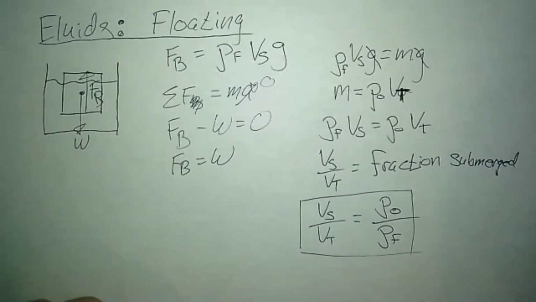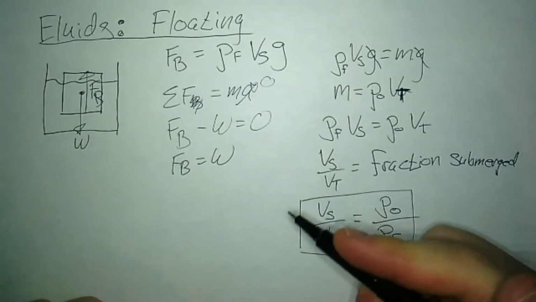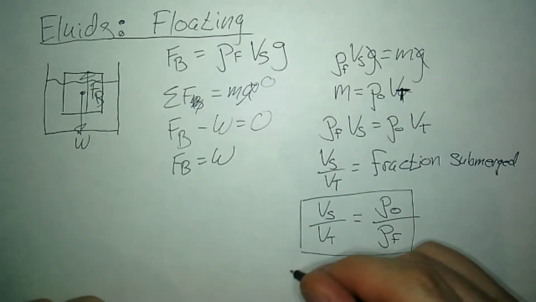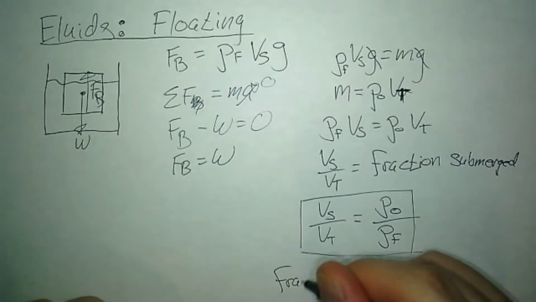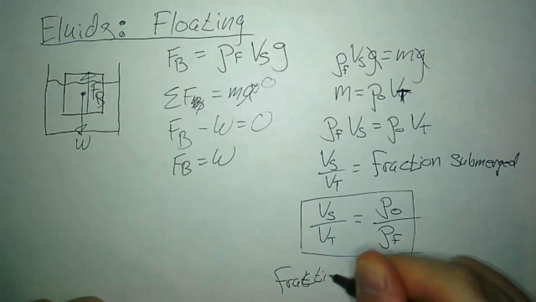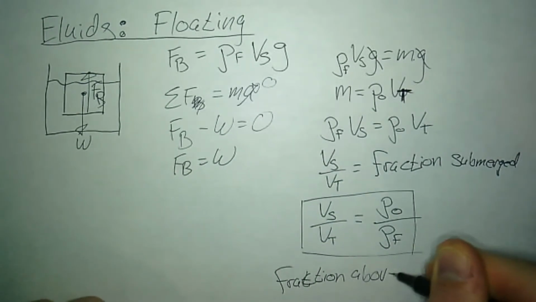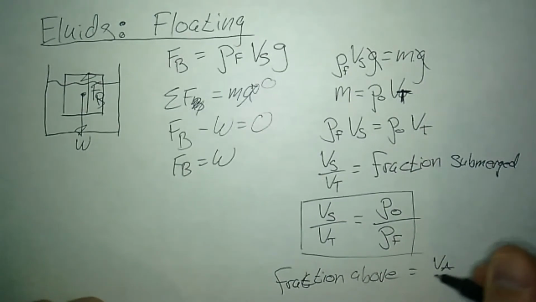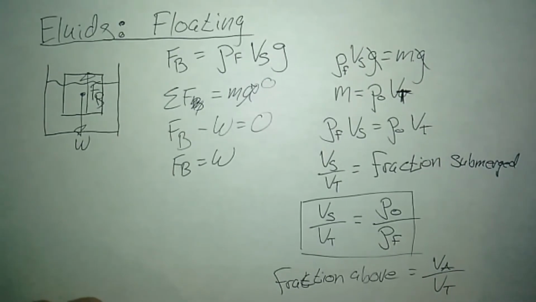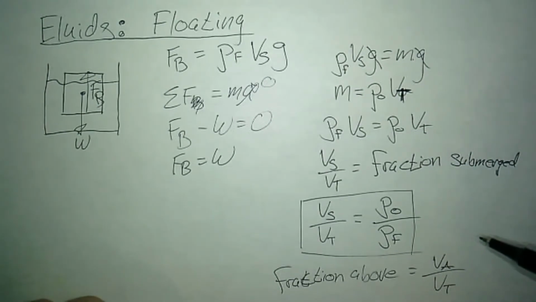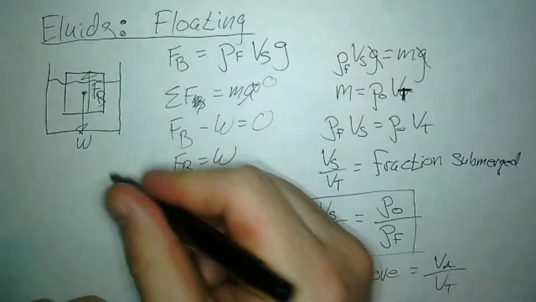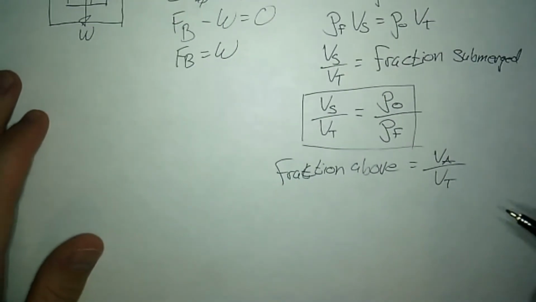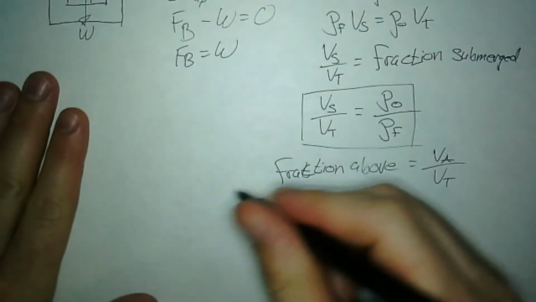Now if I want to know what fraction of my object is above the water, well then that's simply just going to be fraction above. Oop, missed my C. Will equal V above over V total, right? But to get that, I know that, let's come back over here and slide up.